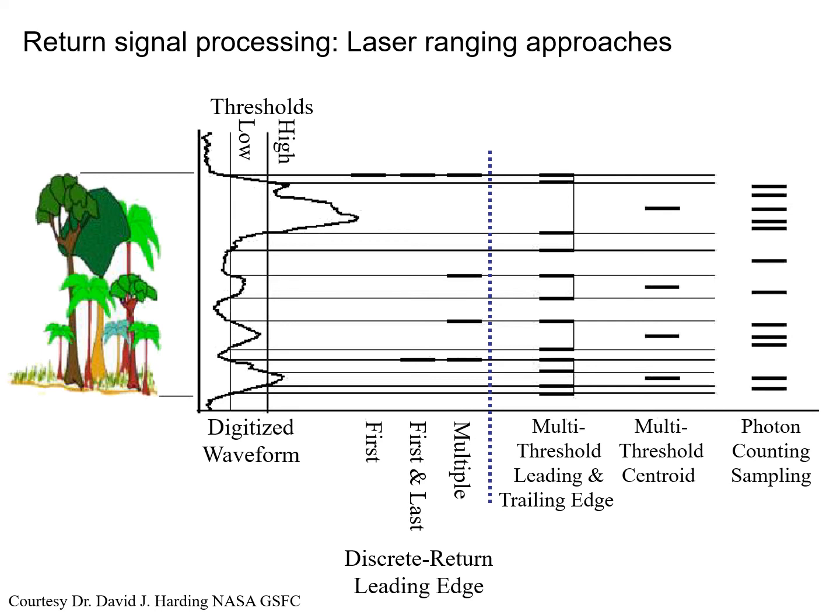You can then average those together to get a multi-threshold approach with a centroid instead of the leading and trailing edge. And you could do photon counting sampling, and that's a relatively new technology where you can record the travel times of individual photons. So it's very, very sensitive. It's got its problems with background noise because it is so sensitive, but it is an approach people are using now.